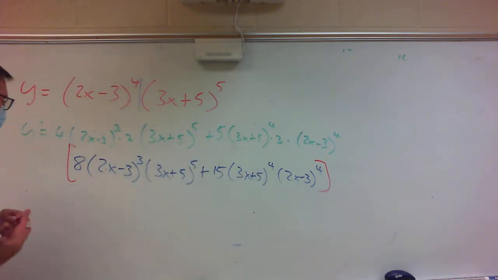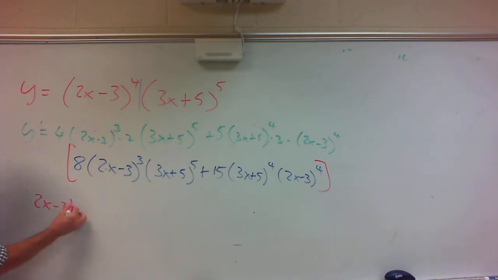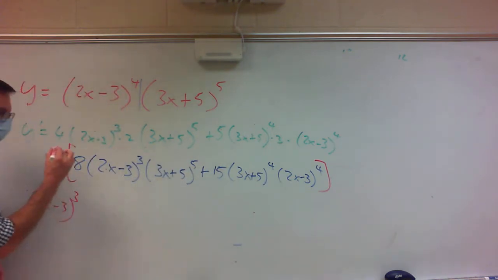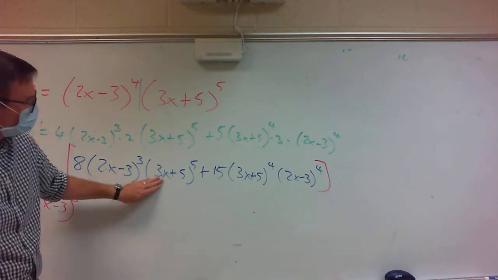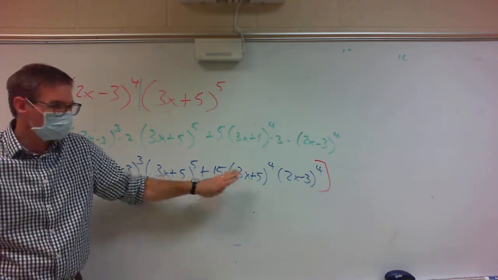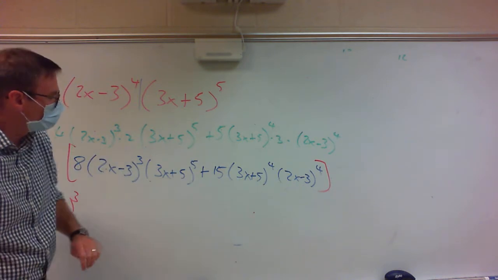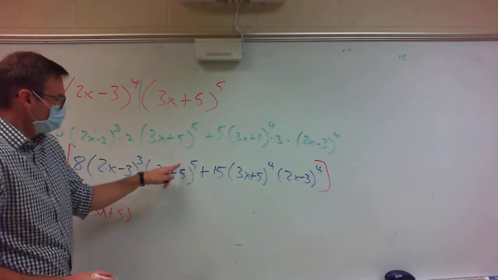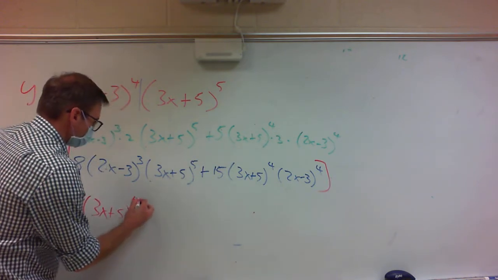And so what's in common is a 2x minus 3, and I have 3 of them here and 4 of them here, so I can pull 3 of them out. The next thing I look at is I have a 3x plus 5. I've got one in this term, and I've got some in this term, and I've got some in this term. So I have 3x plus 5, and I can pull 4 of them out.